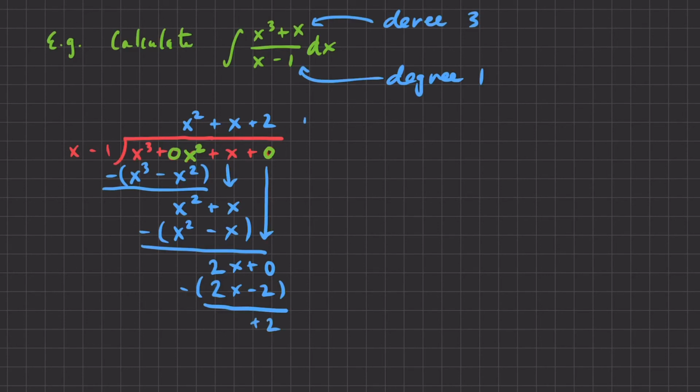So that means that we have a remainder of 2. So what does that mean? It means that x cubed plus x over x minus 1 is equal to x squared plus x plus 2, plus the remainder, which is actually 2 over the divisor, which is x minus 1.